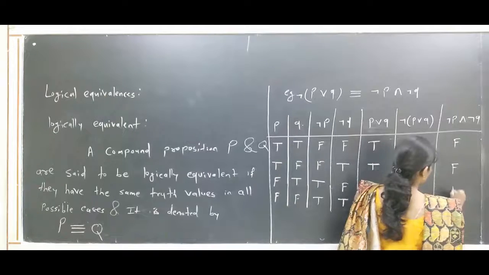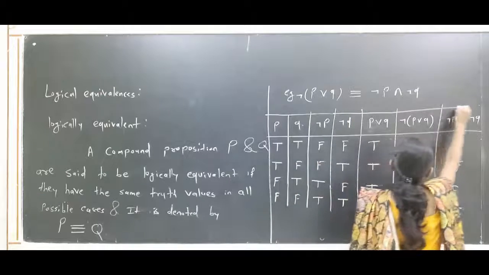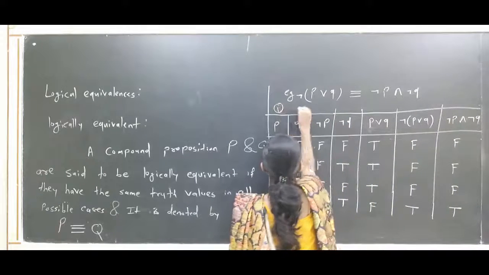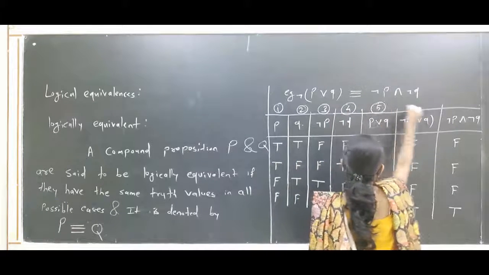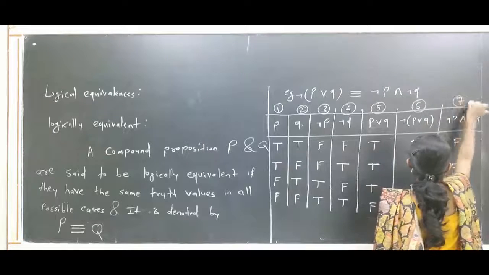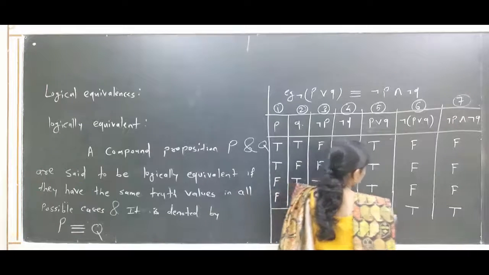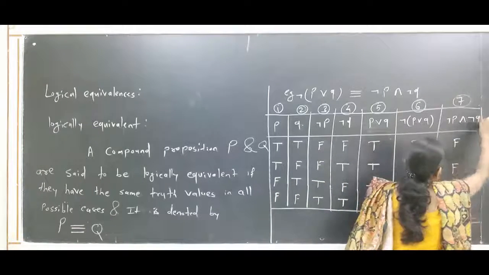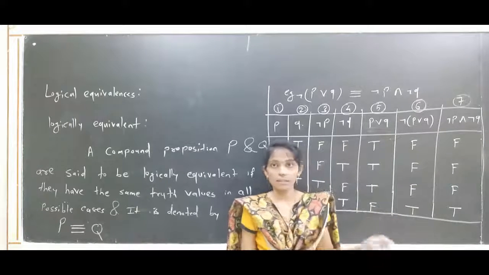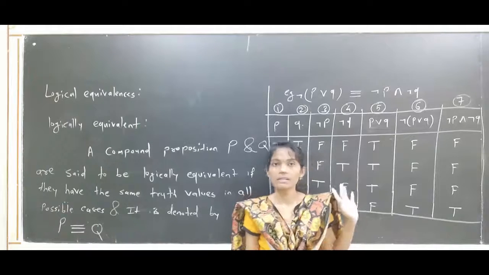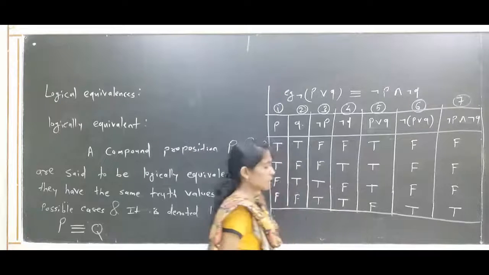F, F, F. Now give numbers to the columns: 1, 2, 3, 4, 5, 6 and 7. Observe the truth values in columns 6 and 7. They are identical, hence the given compound propositions are logically equivalent.